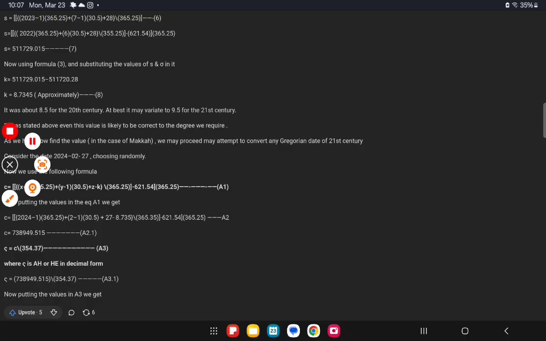I'll pause this again. Okay, so something interesting happened. When I subtracted k from this and did the thing with the original Gregorian date in order to get C, C ended up being the sigma of the corresponding Hijri date.